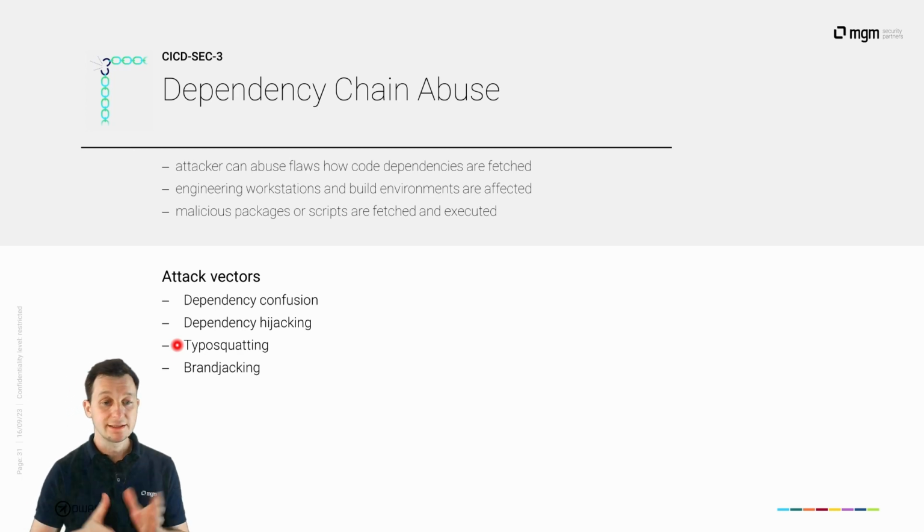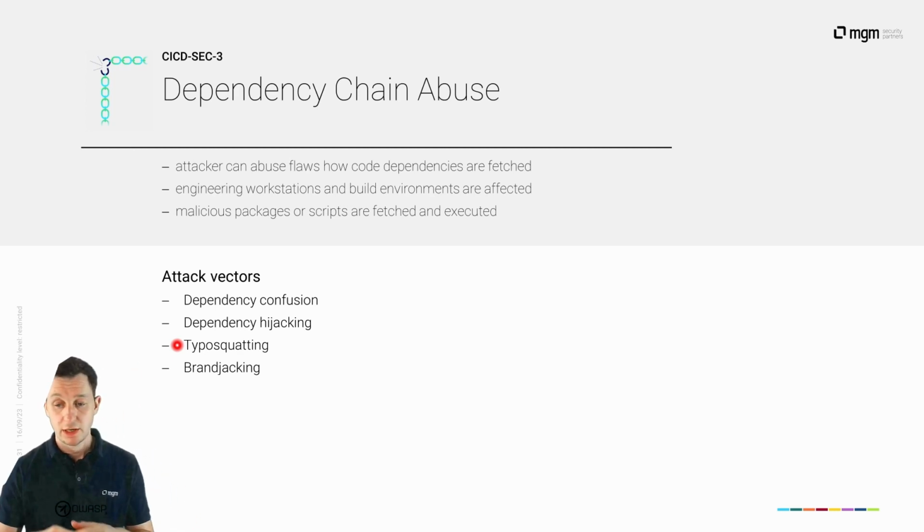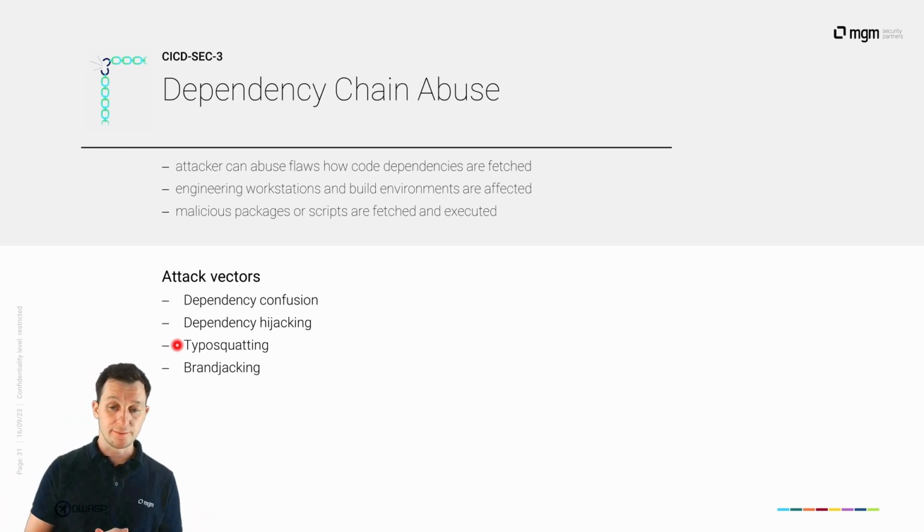And then he or she creates a tutorial with the requirements directly defined as text, so that people watching this tutorial or reading a blog post about it can directly copy and paste it. And they will not see that it is not Babel with a small l, but Babei with a big I, and just copy and paste it and take the malicious version instead of the official version.